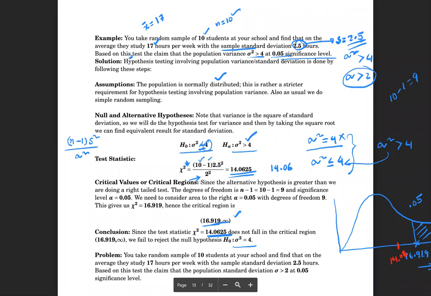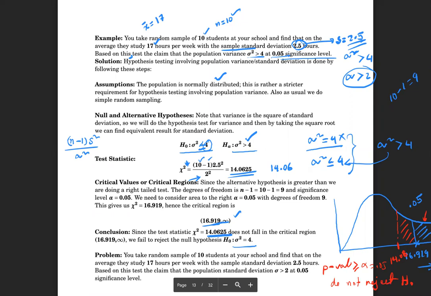Now, if you think of the p-value, it is all the area to the red vertical line, which is obviously bigger than the shaded region by this much, right? So if it's bigger, you do not reject. If the p-value is greater than or equal to alpha, which is 0.05, then do not reject H naught, the null hypothesis.